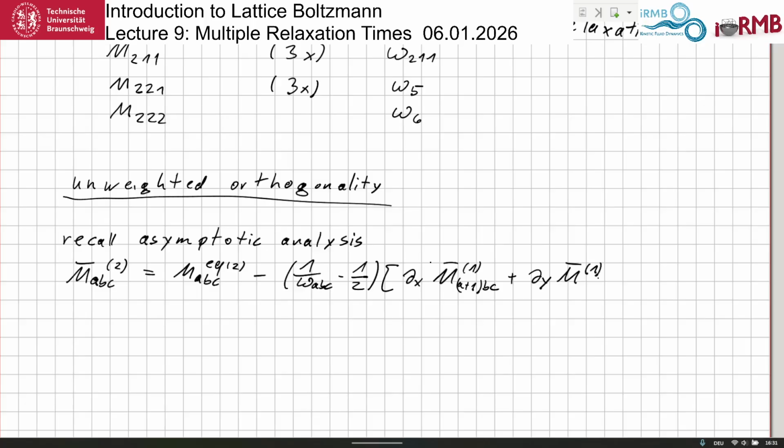M first order A B plus 1 C and M A B C plus 1, and this to first order. So this is how this works in general.